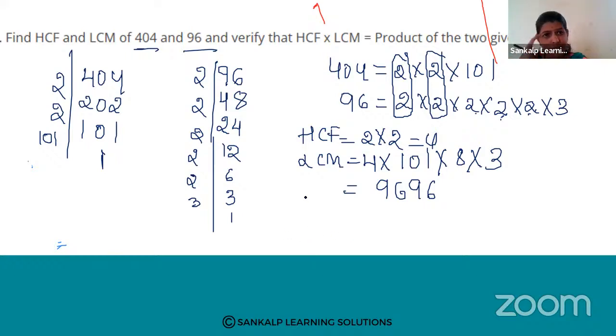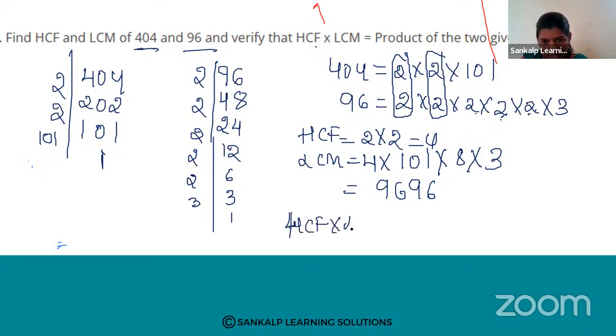Next, what have they told us? Verify means we have to verify that HCF into LCM, whatever answer comes, is equal to the product of the two given numbers. Given numbers are 404 and 96. Okay, so HCF is 4.